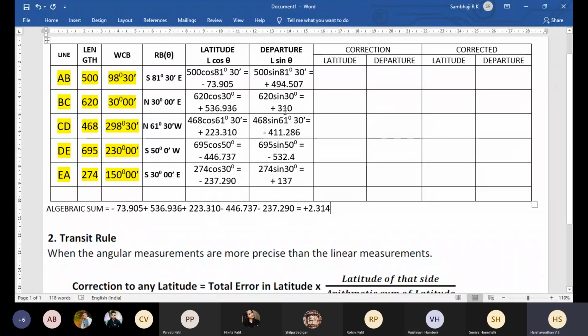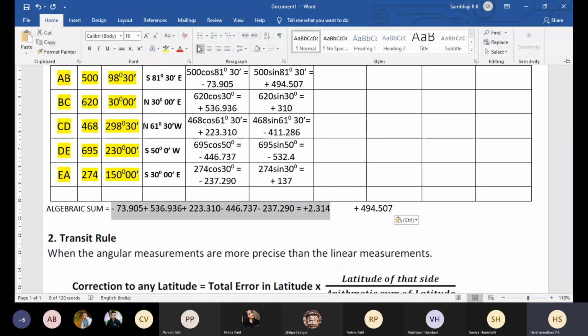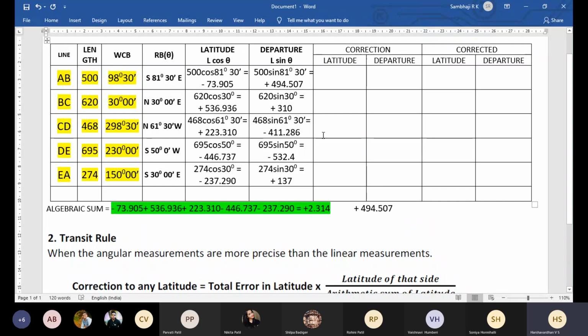Yes, sir. Next, we'll calculate the algebraic sum of departures. It is plus 494.507 plus 310 minus 411.286 minus 532.4 plus 137.